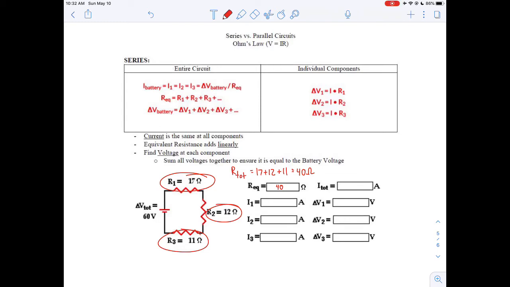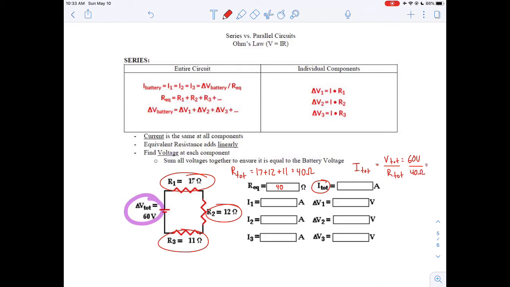Now to calculate the total current, I need the total voltage and the total resistance. Do I have the total voltage? Yes, I do. And that comes from the battery. So that's 60 volts. And we just calculated the total or equivalent resistance, which is 40 ohms.